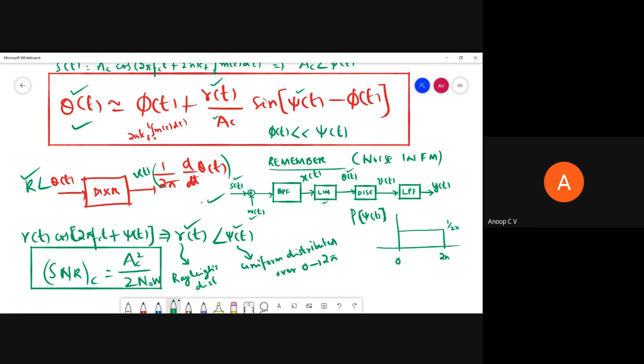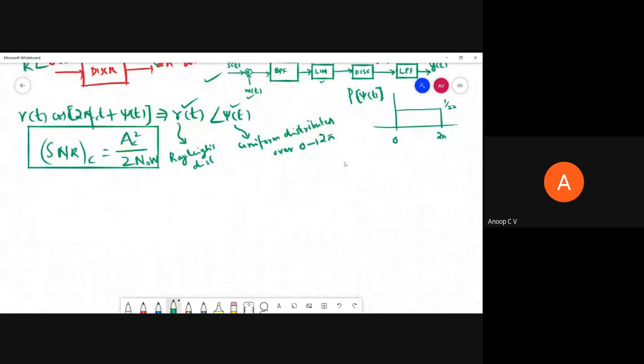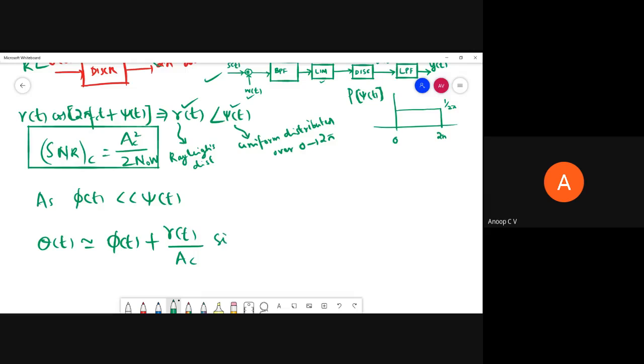So what we can do is approximate and further simplify this theta of t. I'll write it here: as phi of t is much smaller compared to psi of t, we can further approximate theta of t to be equal to phi of t plus r of t by AC times sine of psi of t.